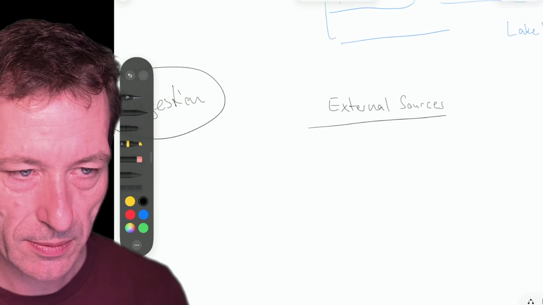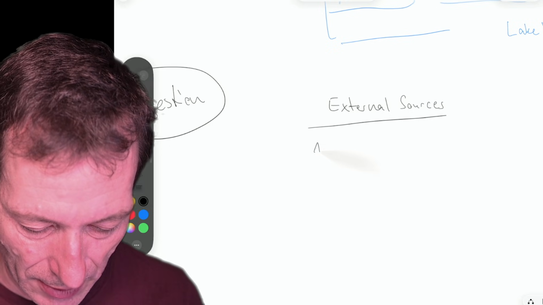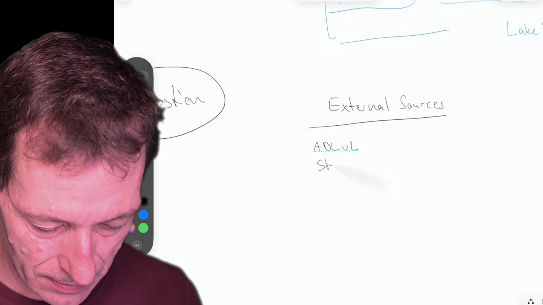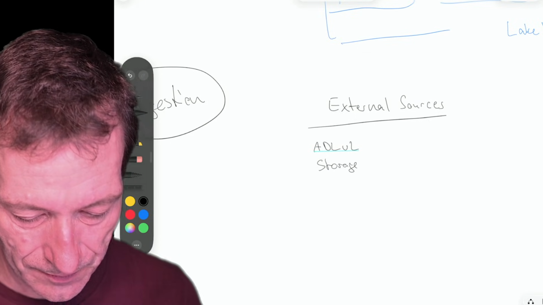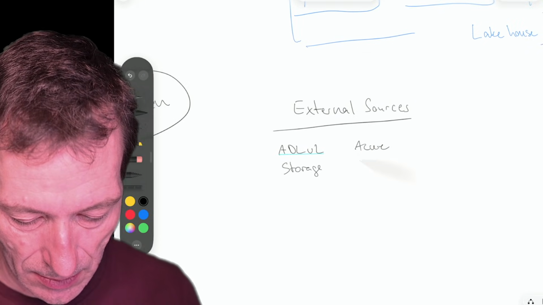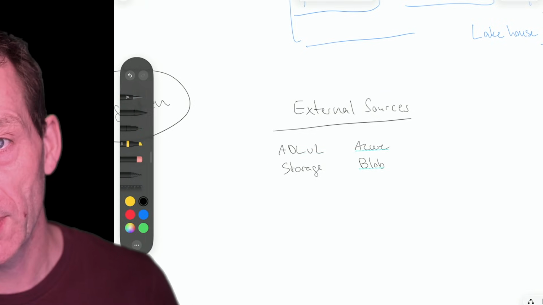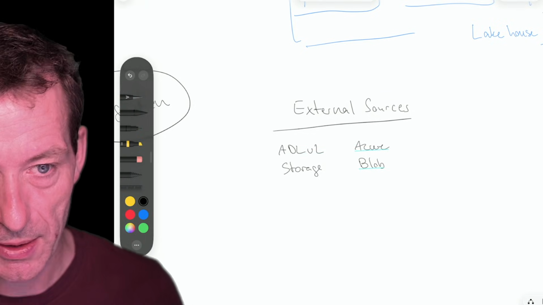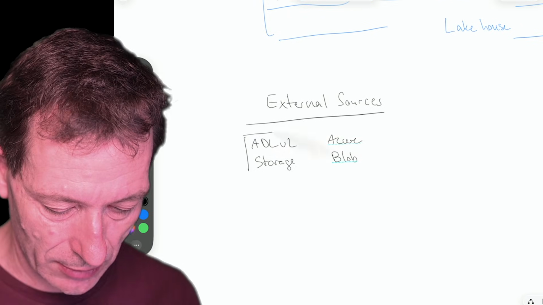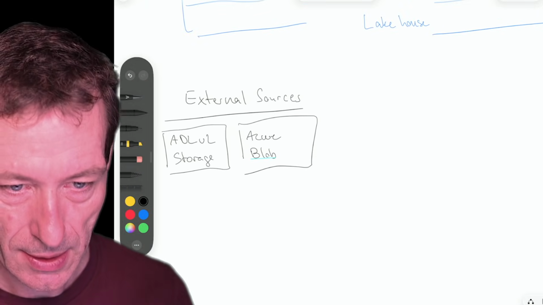Let's be a little bit more specific here. So you could get data from Azure Data Lake v2 storage accounts. You could get data from Azure Blob Storage. You have other sources like Amazon S3 buckets and so on, but I think you get the idea. So these are storage accounts, either hierarchical storage accounts or flat storage accounts.